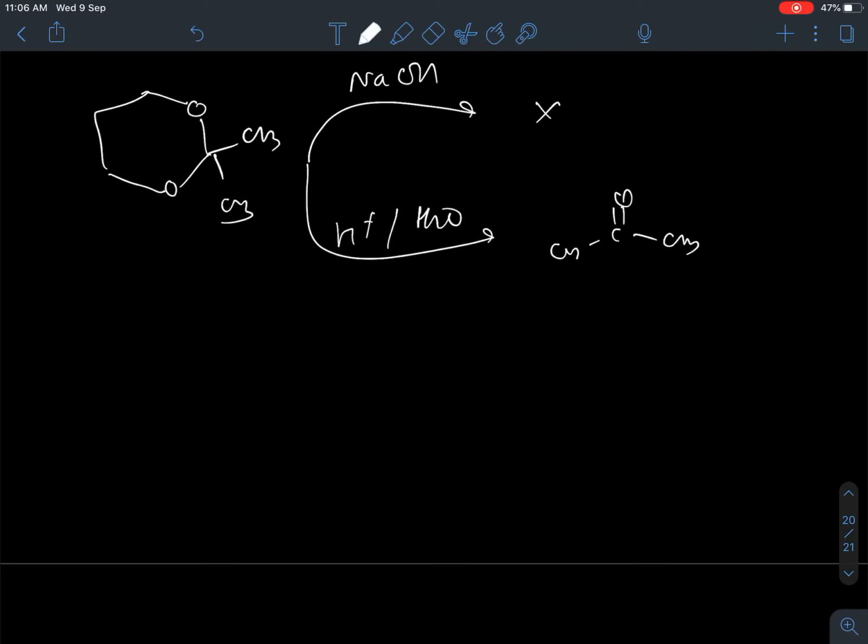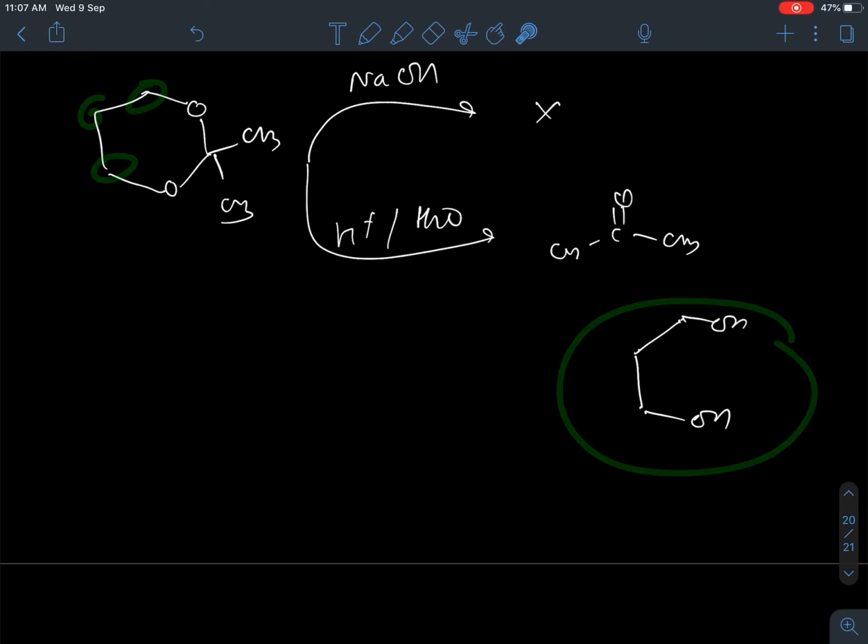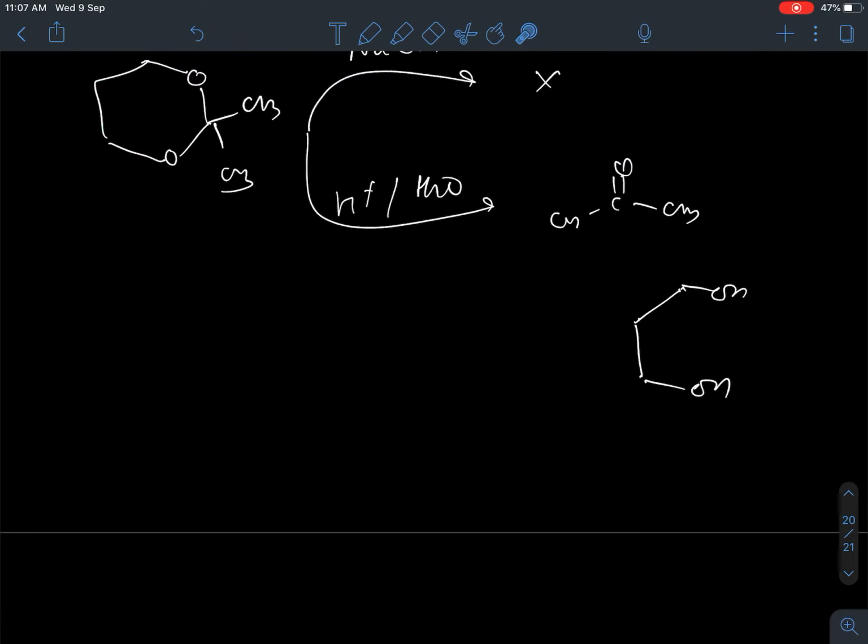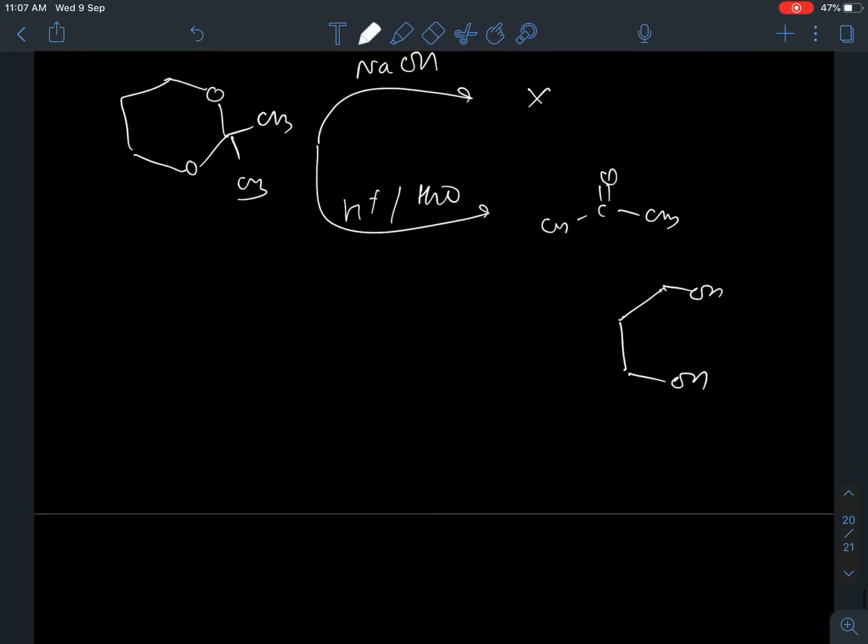So we are going to get this along with an alcohol with how many carbons? 1, 2, 3. This we are going to get. But what if it is like this?